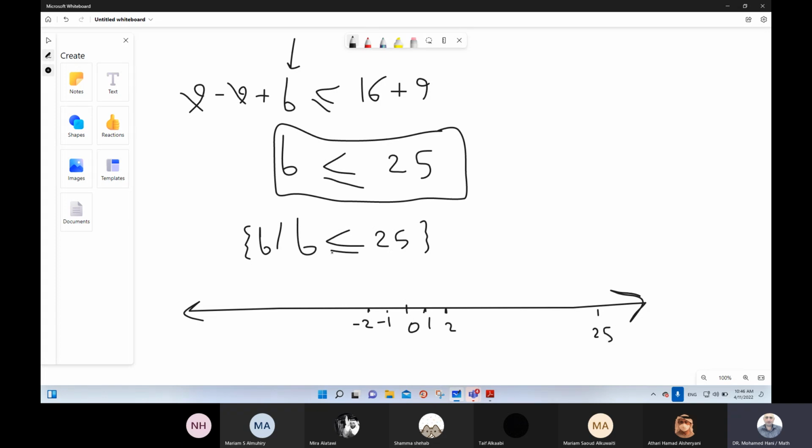You have the sign equals, which means use a shaded circle or closed circle. And the direction less than means smaller than 25, so the direction is to the left.